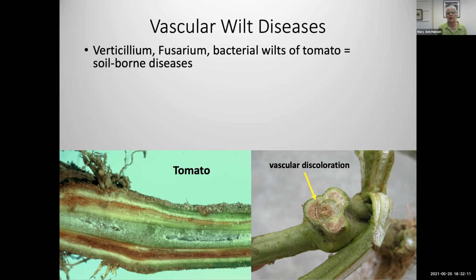And all of these organisms are soil-borne, and so it's really difficult to control them. And we really don't have any chemicals that will work for control. So the picture on the left here turned out to be Verticillium wilt.